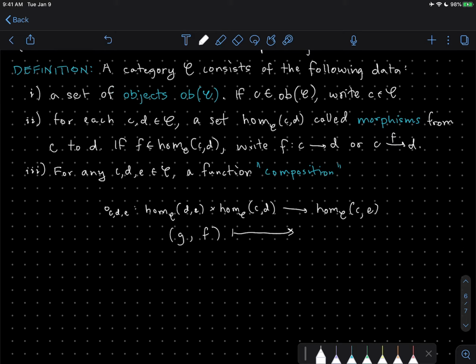So this takes little g and little f to the composite g circ sub C, D, E f.